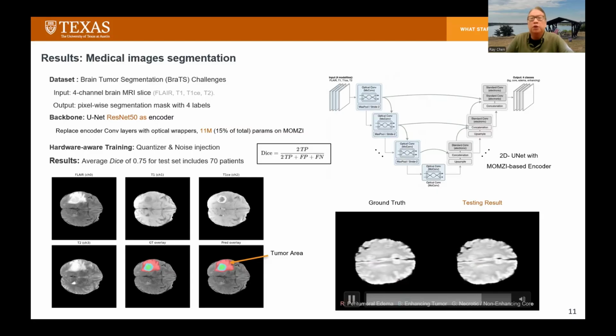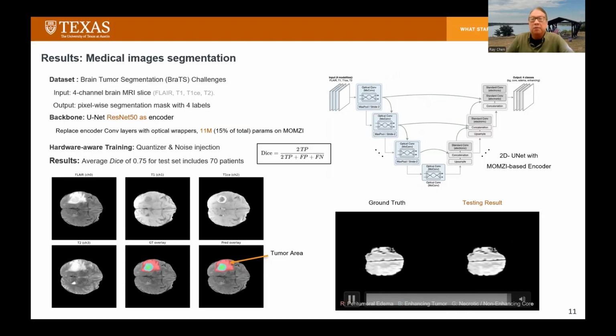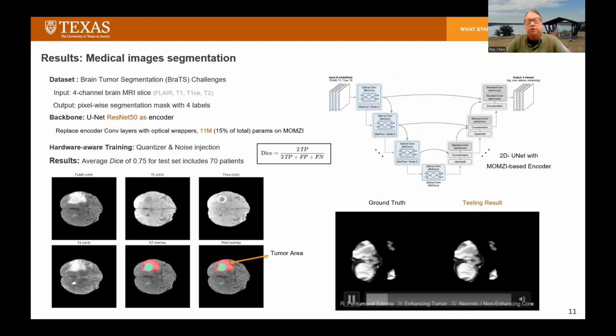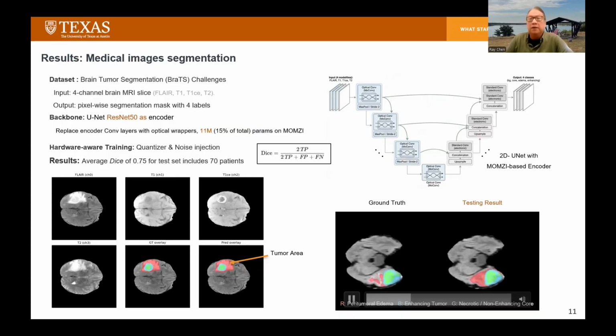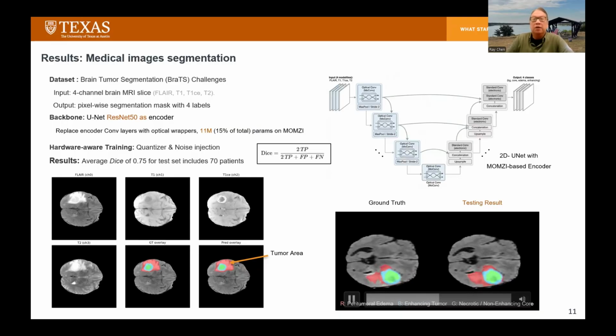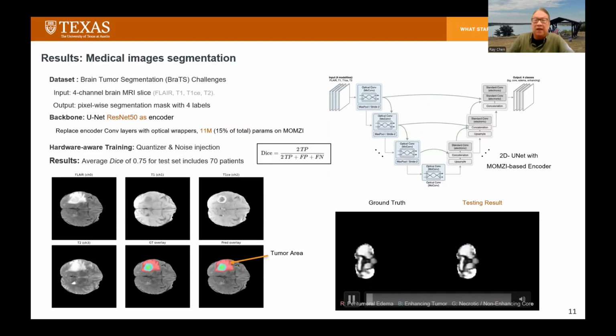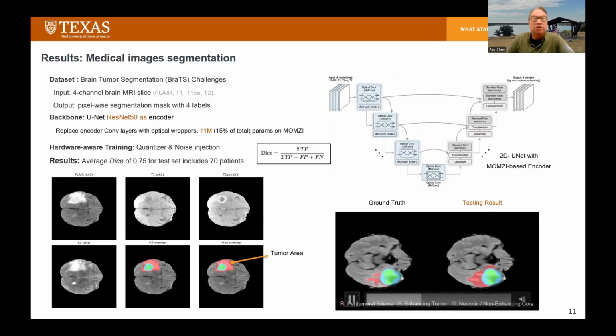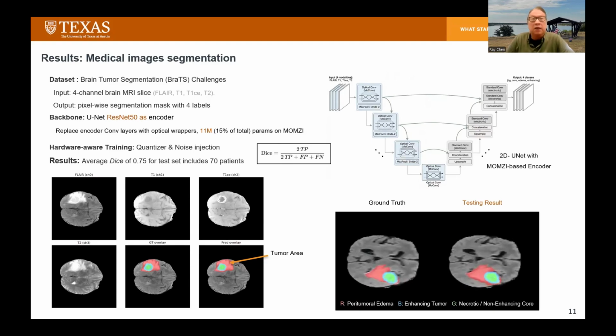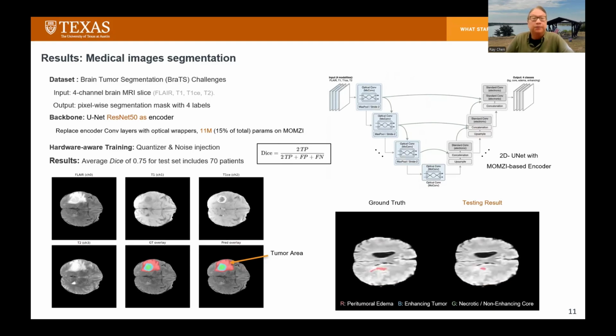The predicted tumor regions closely match the ground truth, including edema, the enhancing tumor, and the core region, which shows the approach can extend beyond classification to dense pixel-level vision tasks. So this is the slice image we took.